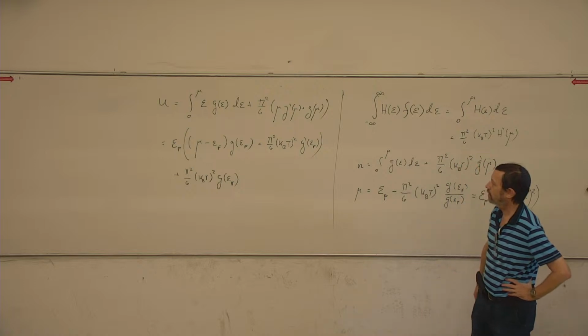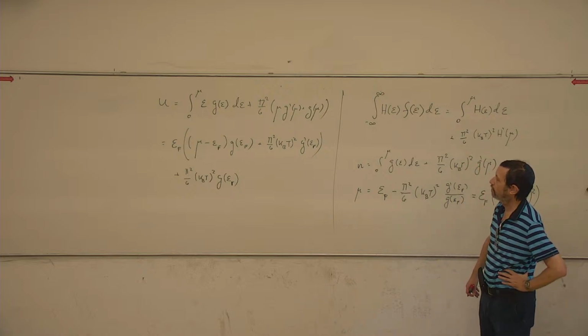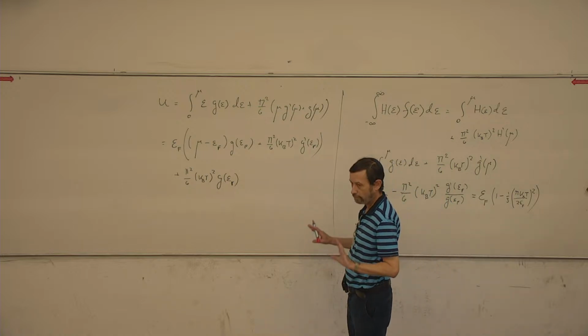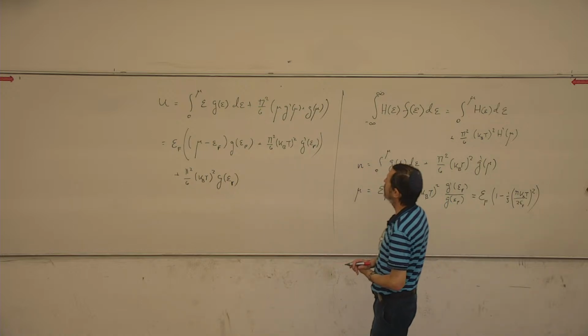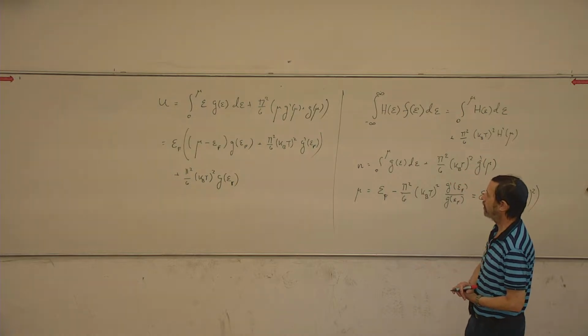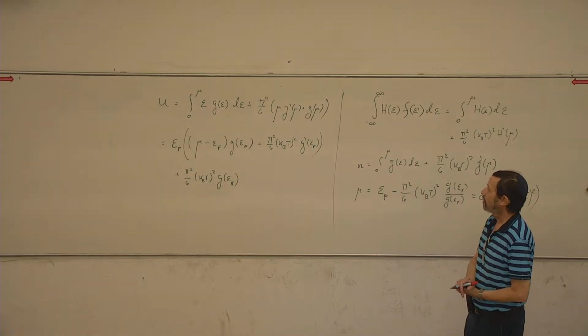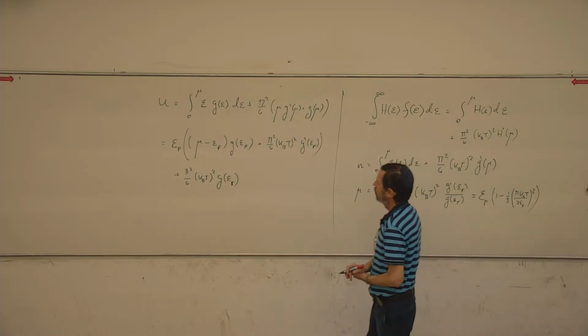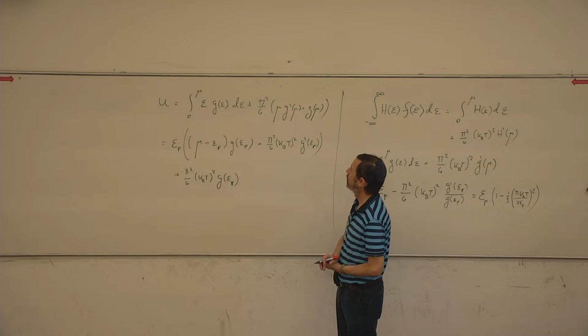Okay, so integration by parts maybe? Let's do it one step at a time. Basically, what do we have here?